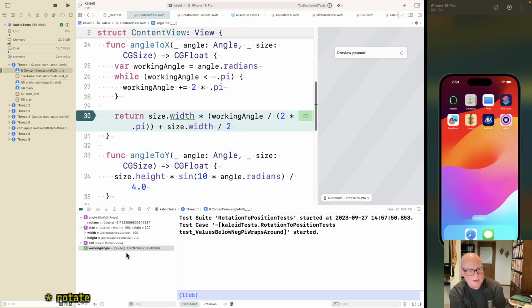Okay, my working angle is pi over 2. Pi over 2 times 2 over pi is 1. That seems wrong. I want that to be a half. Working angle. Oh, it should be over pi.